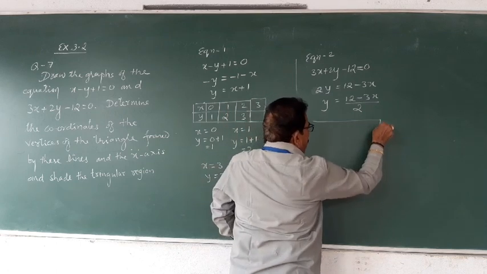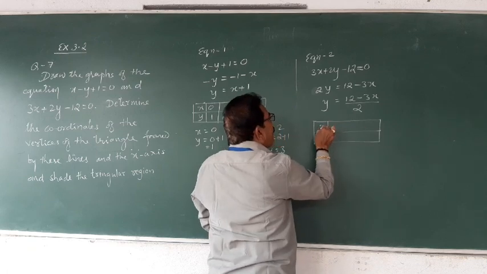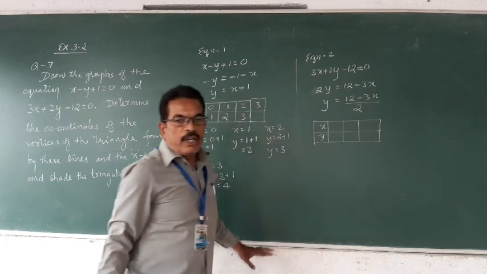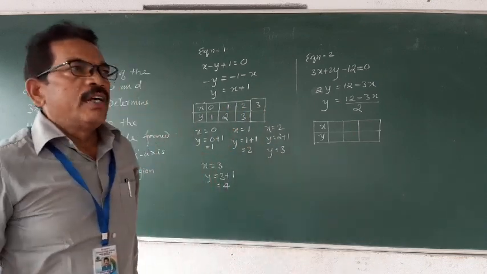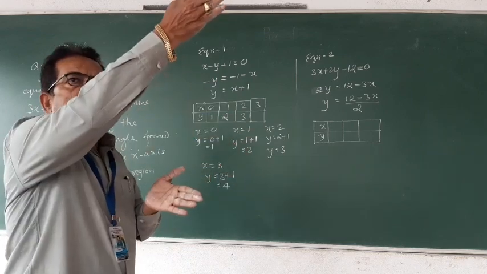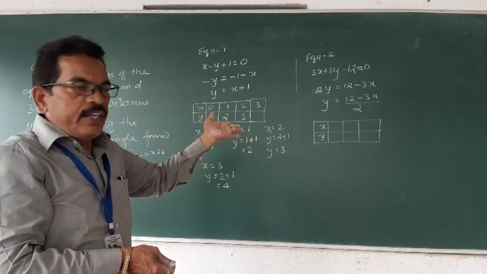Okay, let us tabulate x and y. Don't take too many values. It is sufficient to take 3 to 4 values. Then you extend the line you have obtained so that they can intersect each other.